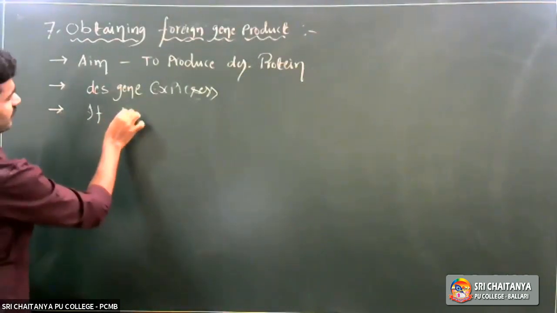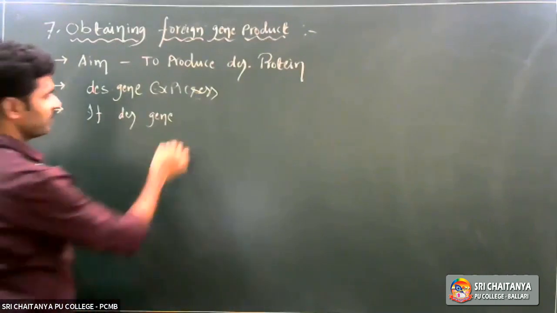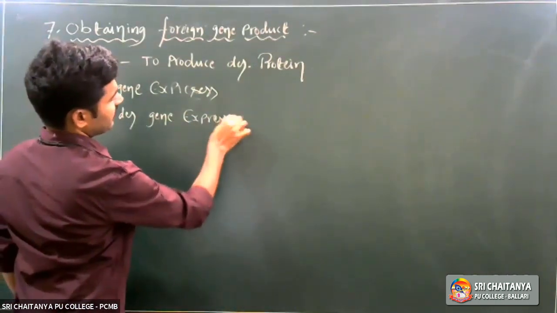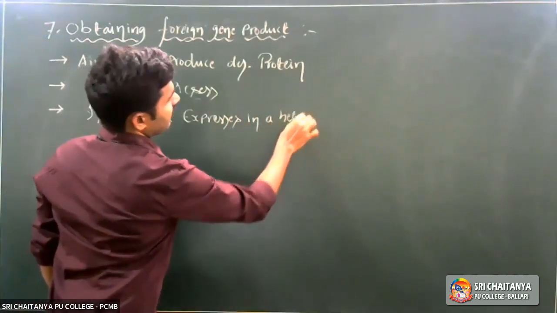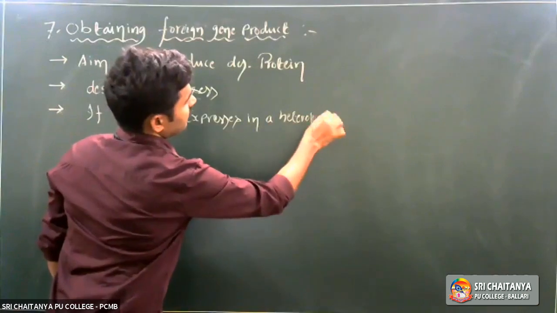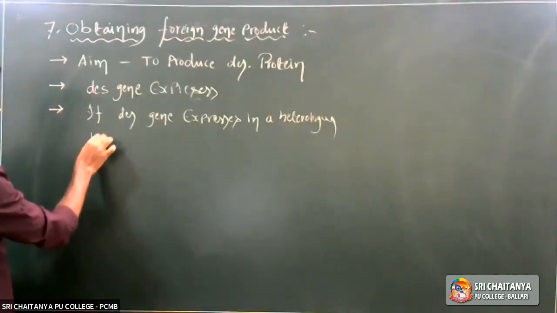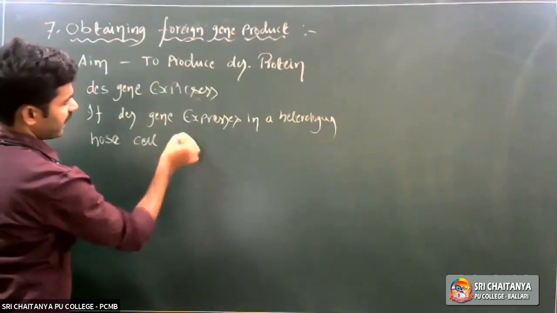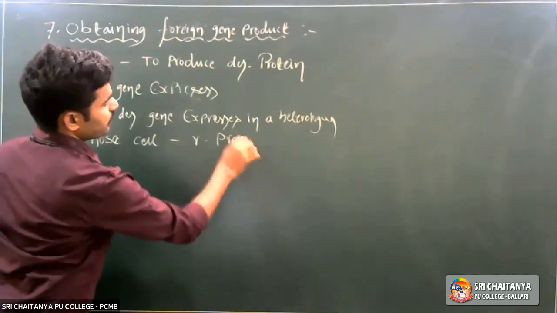If the desirable gene expresses in a heterologous host cell, we call it a recombinant protein.